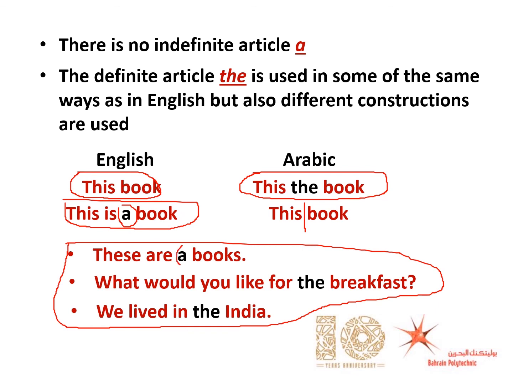So a is used here in the wrong place, and also the, with the use of countries, the definite article there is used actually with many countries. In Arabic, for example, India, we say the India. So in English, when students come to write it, they might transfer this from the Arabic. Similar to some other countries like Kuwait, in Arabic we say al-Kuwait. Al is the actually.